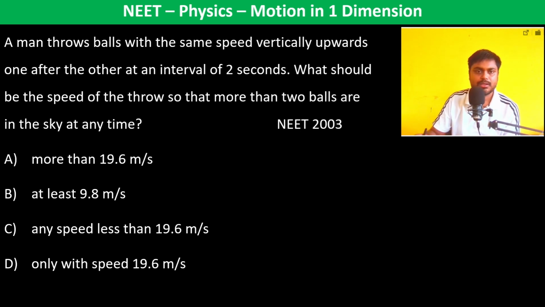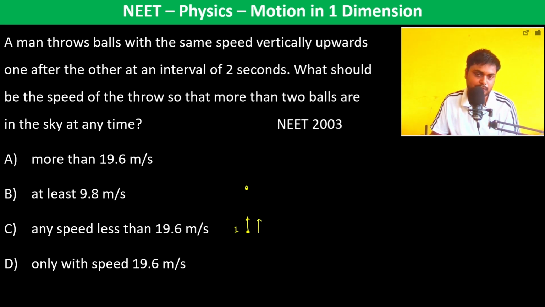Thank you. A man throws balls with the same speed vertically upwards, one after the other, at an interval of 2 seconds. What should be the speed of the throw so that more than 2 balls are in the sky at any time? So the interval is 2 seconds. The first ball is thrown and is in air.